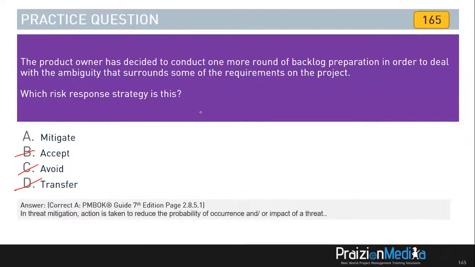So this is 2.5.1, and it looks like it's in the wheelhouse of risk. And 2.5.1 is on page 123 thereabouts. And we have indeed the A team, avoid, escalate, transfer, mitigate, accept, talked about there. All right, let's move on.